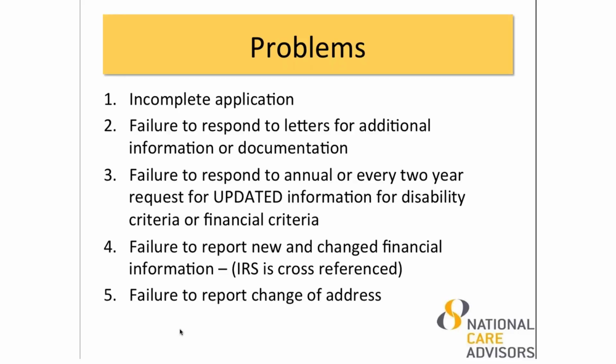Another problem that we see is that sometimes the reported financial information is not as accurate as it probably should be. Please understand that the Internal Revenue Service cross-references with the Social Security Administration. It might take them a while to catch up, but at some point, if the IRS feels that you have some information, that you have a bank account, and you fail to reveal that to the folks at Social Security, eventually they will figure it out.